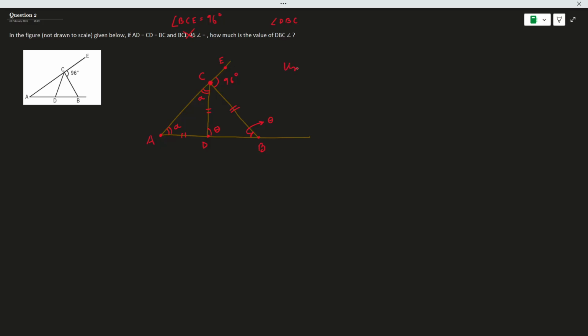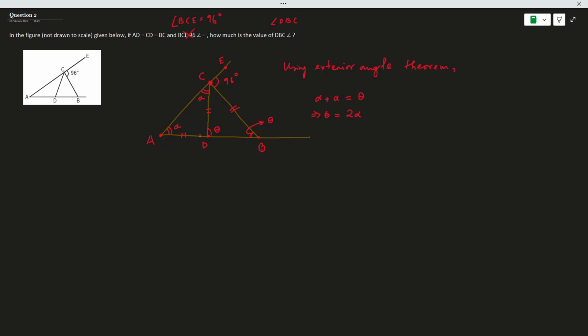Using exterior angle theorem, I can say alpha plus alpha is equal to theta. This implies theta is equal to 2 alpha. Very simple. Okay, this is alpha, this is also alpha, and in a triangle the sum of all the interior angles is 180 degree.